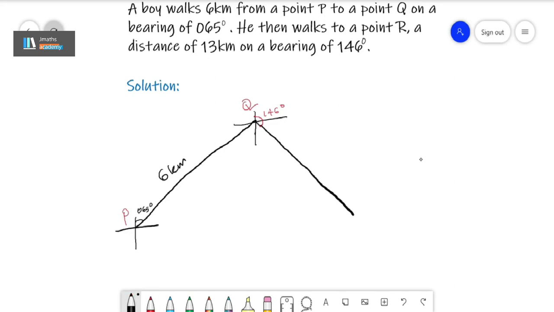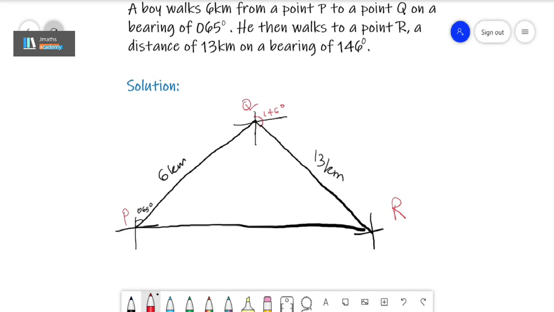Moving 13 kilometers to another point R. Okay, so we have here to be 13 kilometers. So now we are asked to find the distance from P to R. So we are looking for this distance, x kilometers.